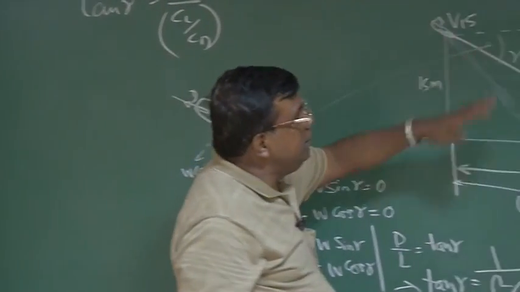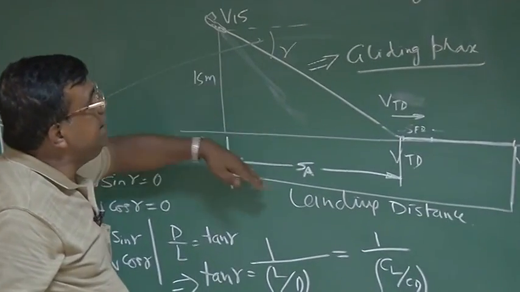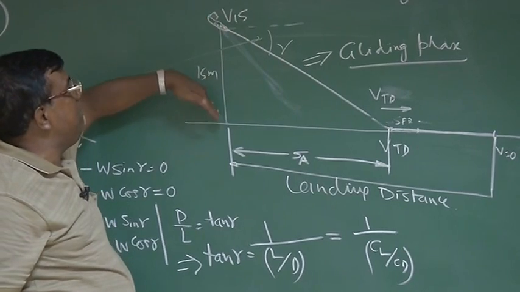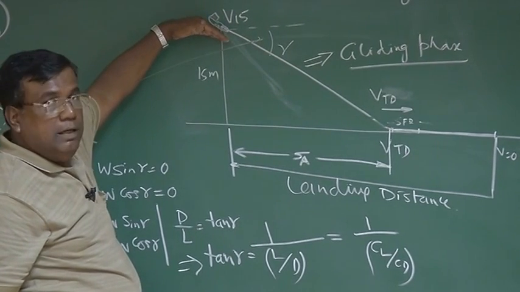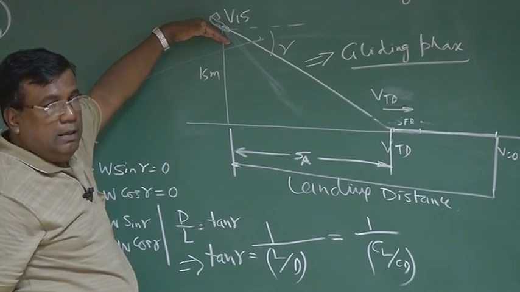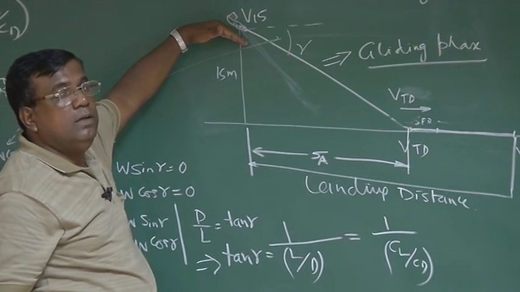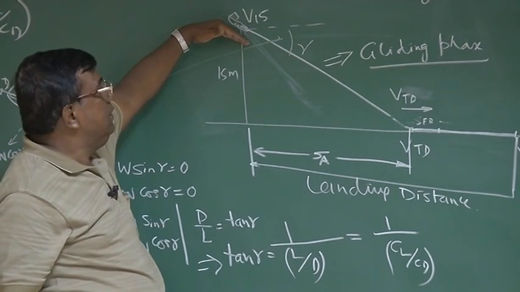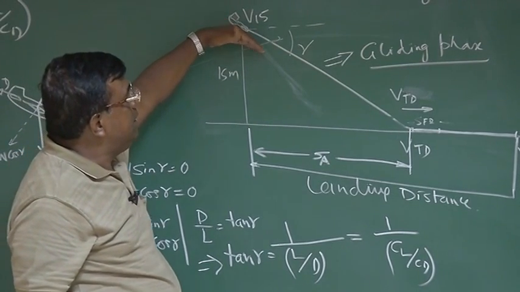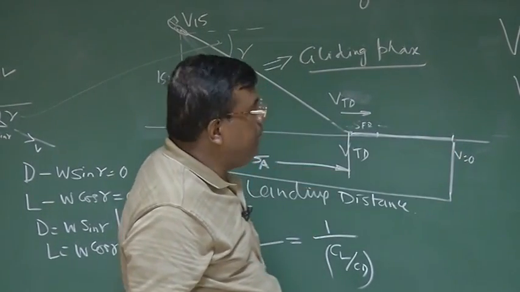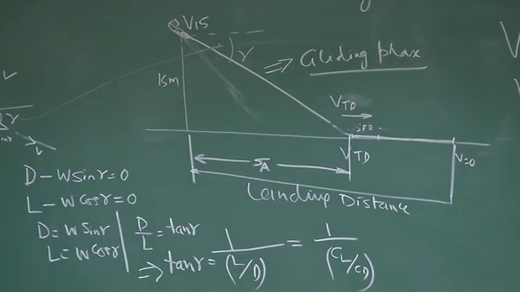Now as far as the regulation is concerned, the landing distance is defined like this. Once this airplane is at 15 meters above the horizontal, in classical notation you will find the regulation uses 50 feet. So from 15 meters, it comes here, flares, applies brake, and wherever it comes to a halt, that is the landing distance.